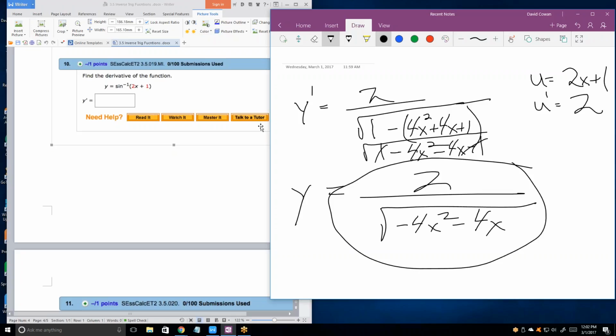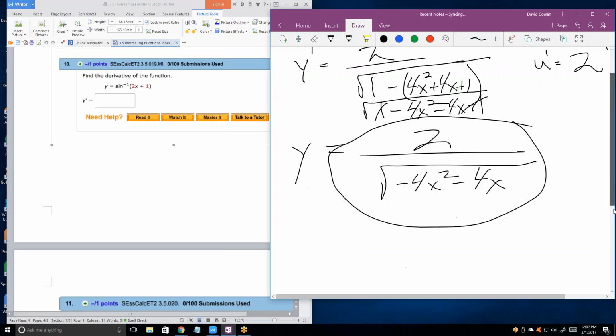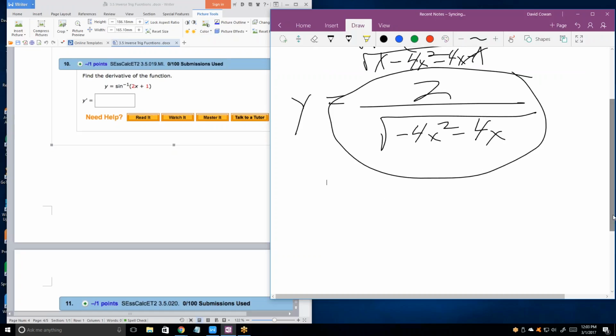However, I can factor out a 4, and then once I factor out a 4 from inside, I can take it outside of the square root sign. Now I'm seeing why this isn't as easy as I thought it was, why it was after number 9. They want you to simplify these.